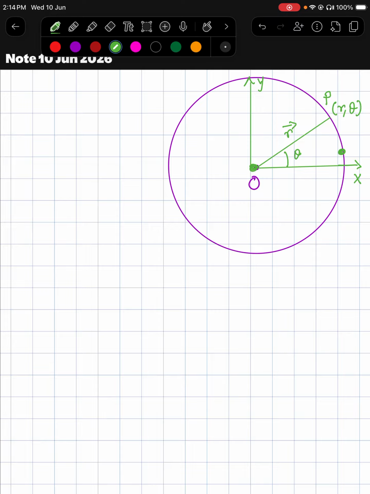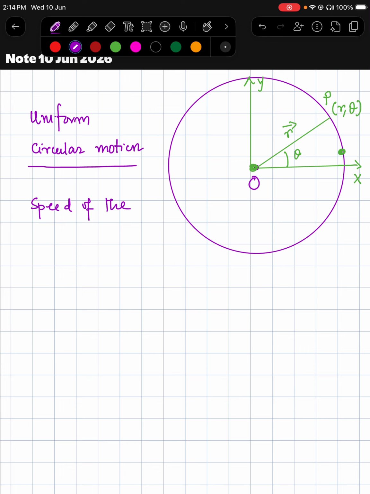Fantastic. So now we are ready. Now we are going to consider a uniform circular motion. What is the meaning of uniform circular motion? In uniform circular motion, the speed of the particle is constant, not the velocity.